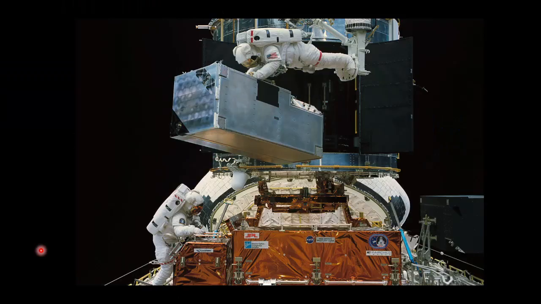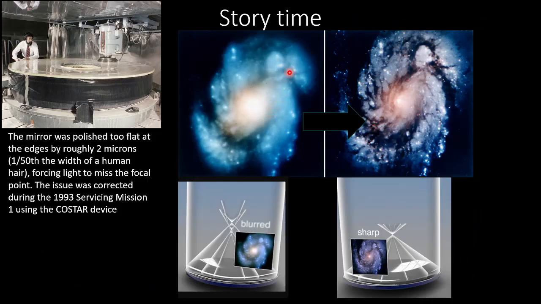Now, do you know there is something called the Hubble telescope, and it was one of the most expensive scientific instruments ever built. But after it was launched into space, when the first picture came, the picture was blurred. Scientists realized that Hubble's mirror had been polished incorrectly by just 2 microns, which is around 1/50th of the width of a human hair.